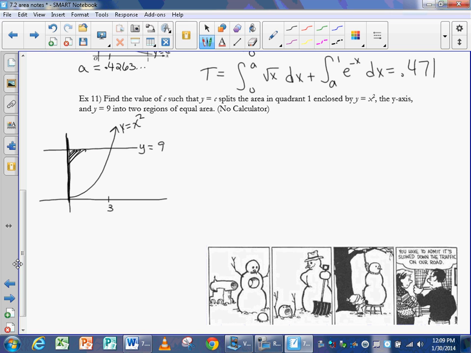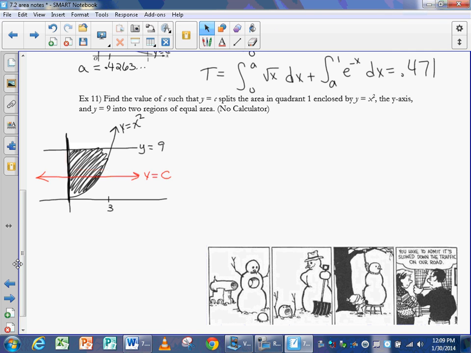So I'm taking this region right here, bounded by the y-axis and all that stuff, and I want to separate it by the line y equals c. So this is just like that one where we had x equals k before, but this time it's y equals c. So I want to figure out where that needs to go.